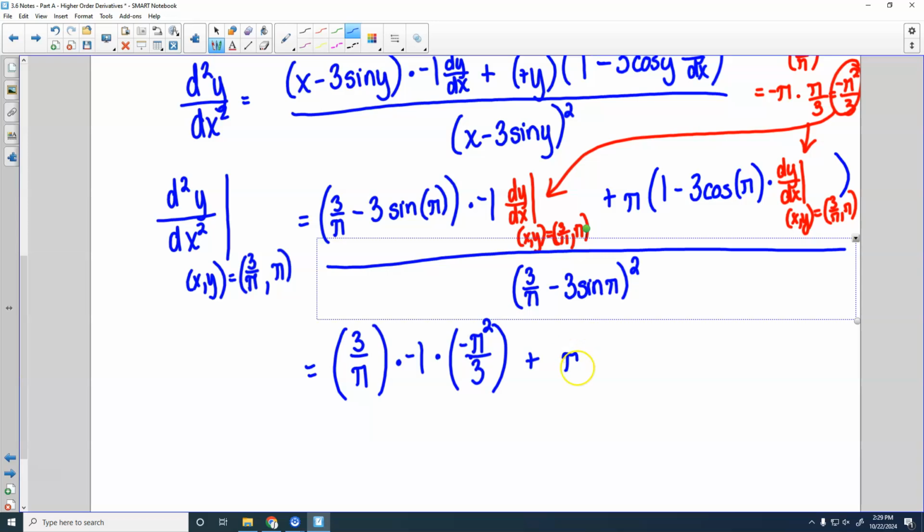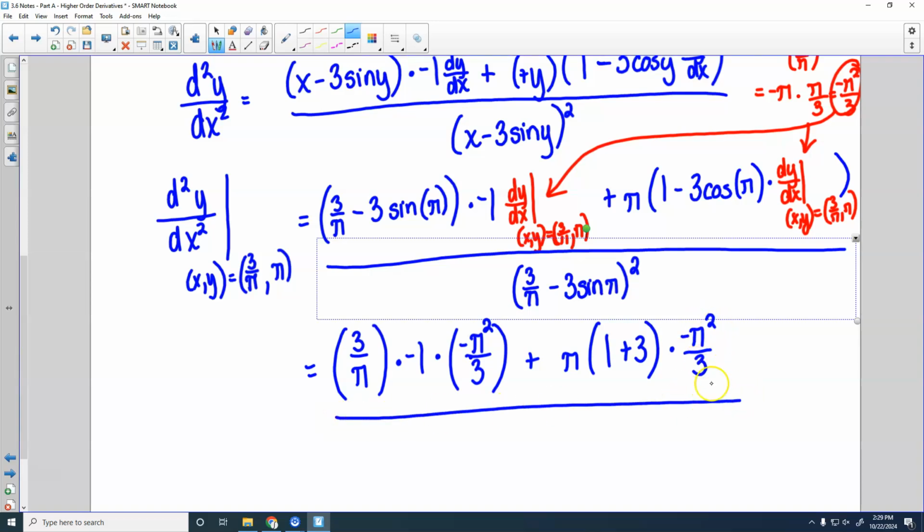Plus, we've got pi times 1 minus, what's cosine of pi? Negative 1. So that's going to make that a positive 3 right there, and that's going to be multiplied by negative pi squared over 3. And then in the bottom, we will have 3 over pi, and sine of pi is 0 again here, so that'll be 0 and that'll be squared.